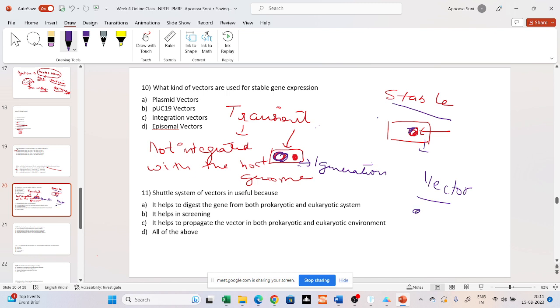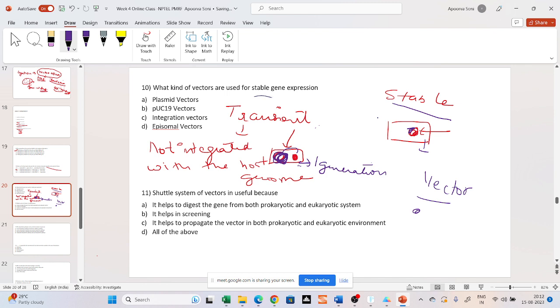So a plasmid is a genetic material only, which is getting integrated. It has to integrate. If it is able to integrate with the host genome, it will produce stable expression. That means the gene of interest is expressed in subsequent generations also. But in transient expression, the gene of interest is not expressed in the subsequent generations.